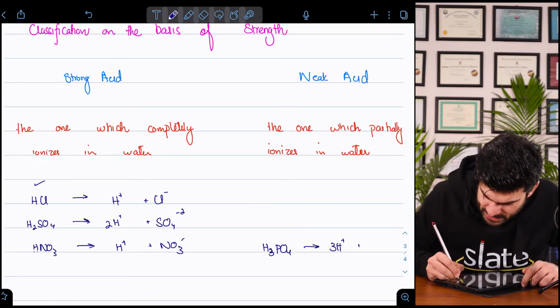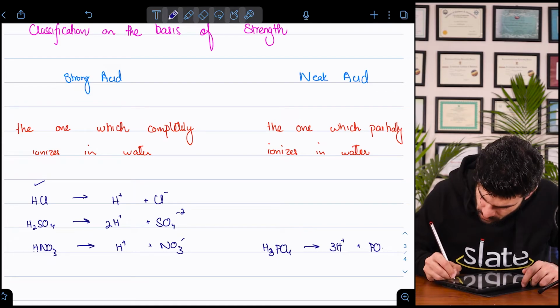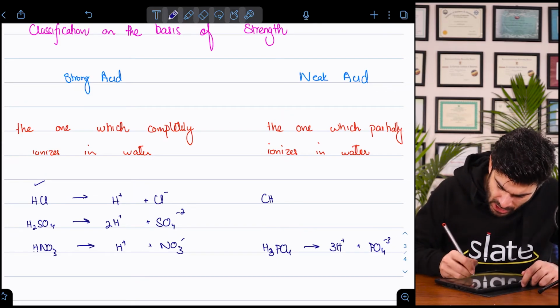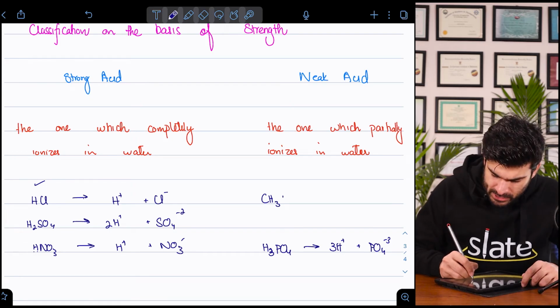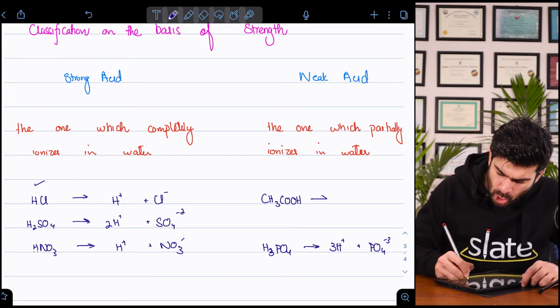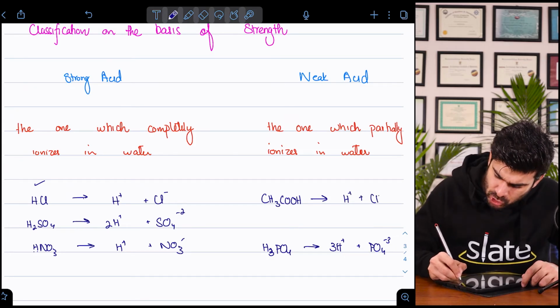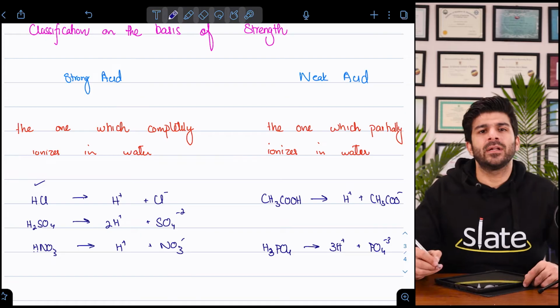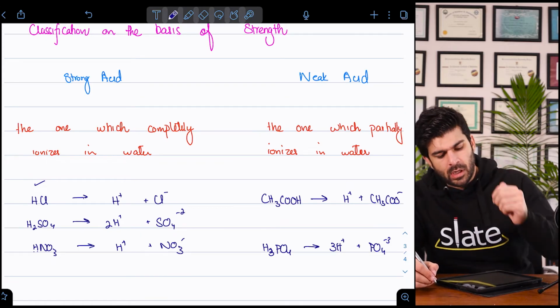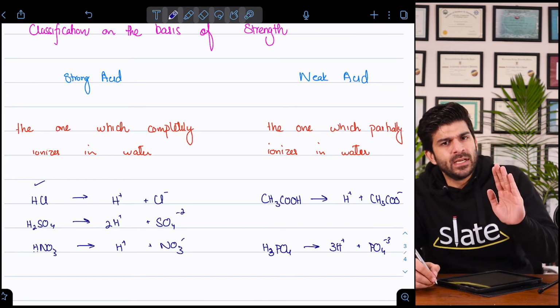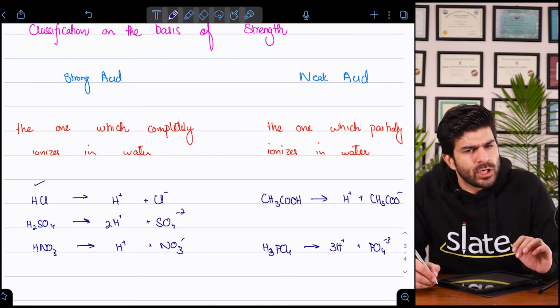It's a weak acid. Just like HCl, ethanoic acid or acetic acid was also monoprotic. But HCl is a strong acid and methanoic acid is a weak acid. So this is a qualitative property, and you need to memorize that.